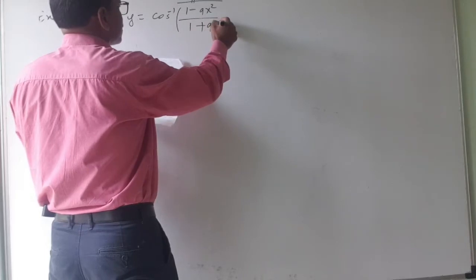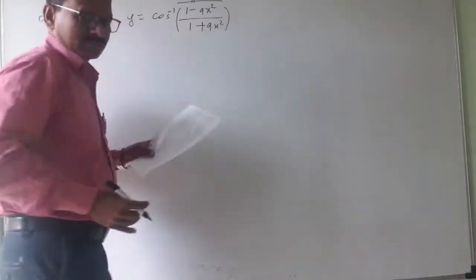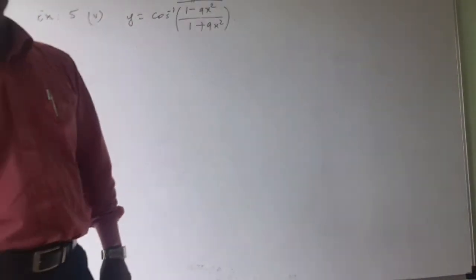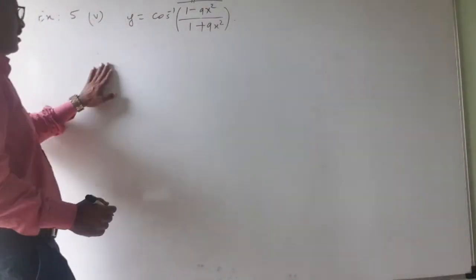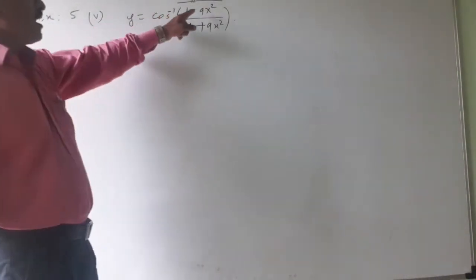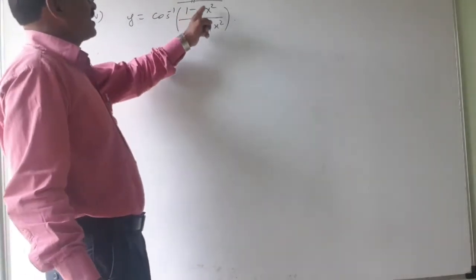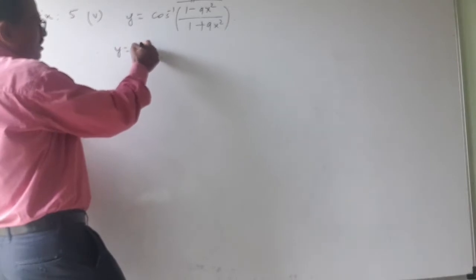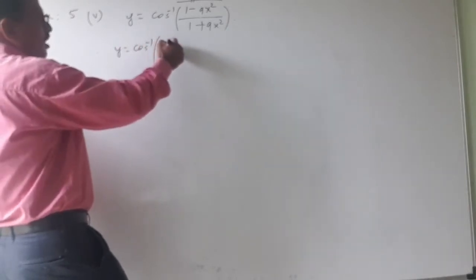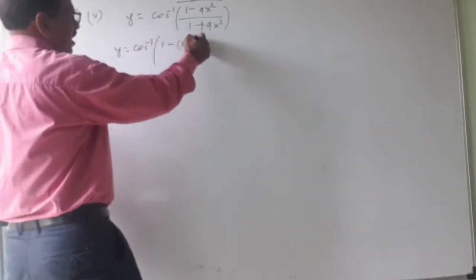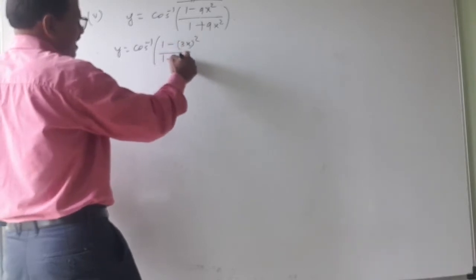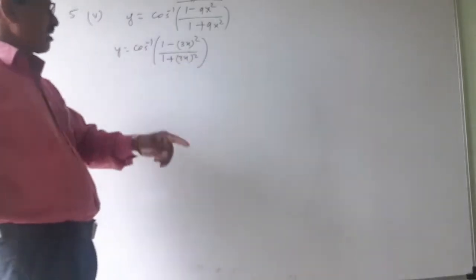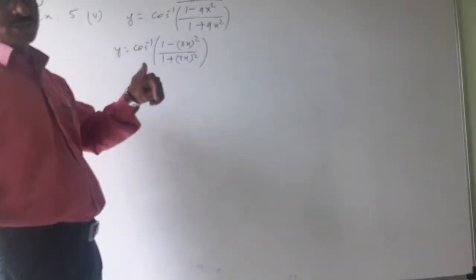1 plus 9x square. I am using my 34 years experience to build up your fundamentals. Okay, 1 minus 9x square. So 1 minus tan square I can make it. So y is equal to cos inverse of 1 minus 3x square upon 1 plus 3x square. You know the formula now. 1 minus t square upon 1 plus t square is equal to cos 2 theta.